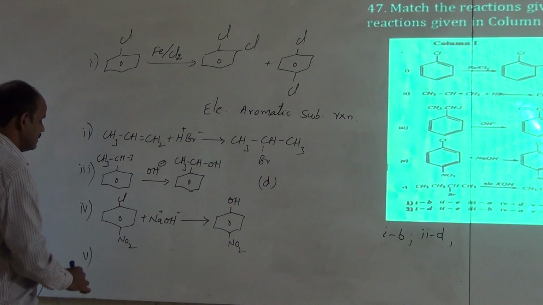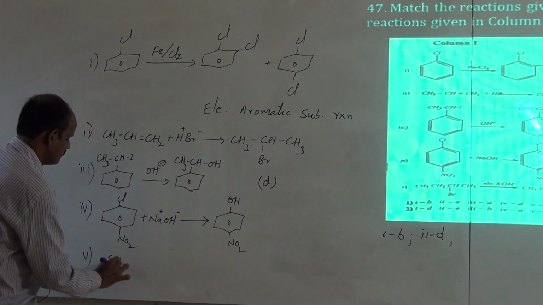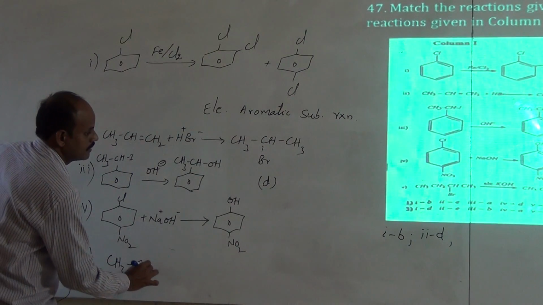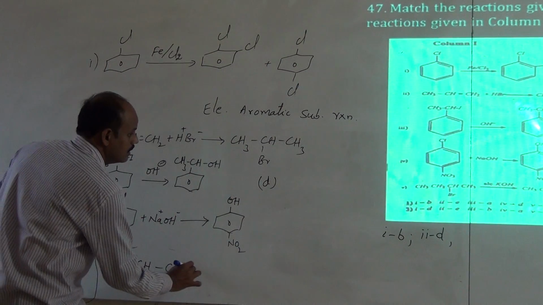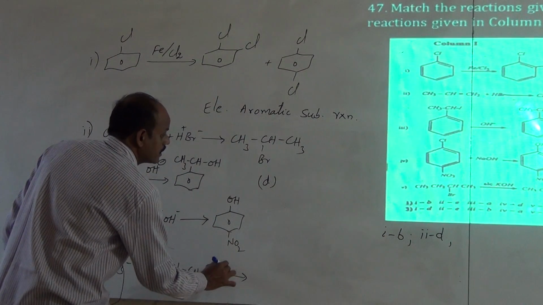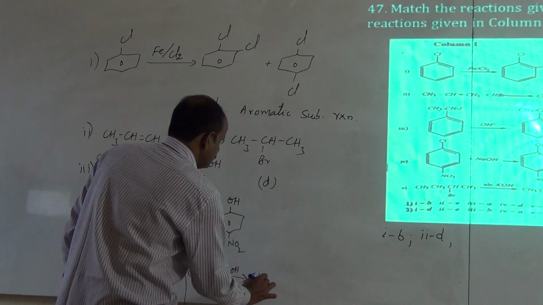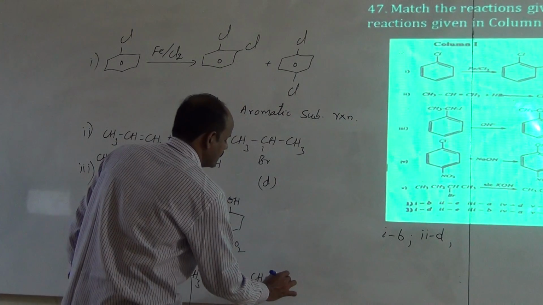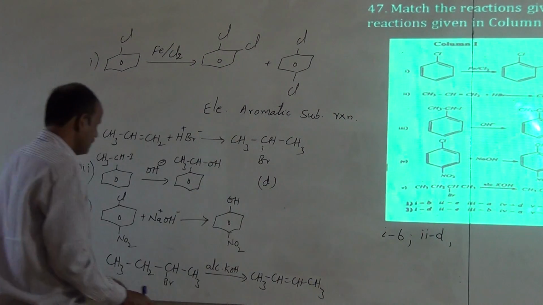And fifth one is, what is the fifth one? CH3 CH2 CH Br CH3 with alcoholic KOH gives CH3 CH double bond CH CH3. So here elimination takes place.